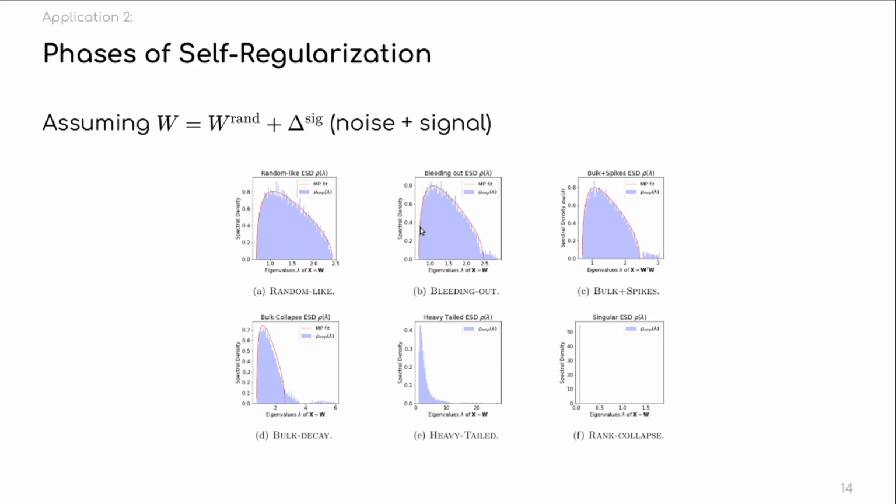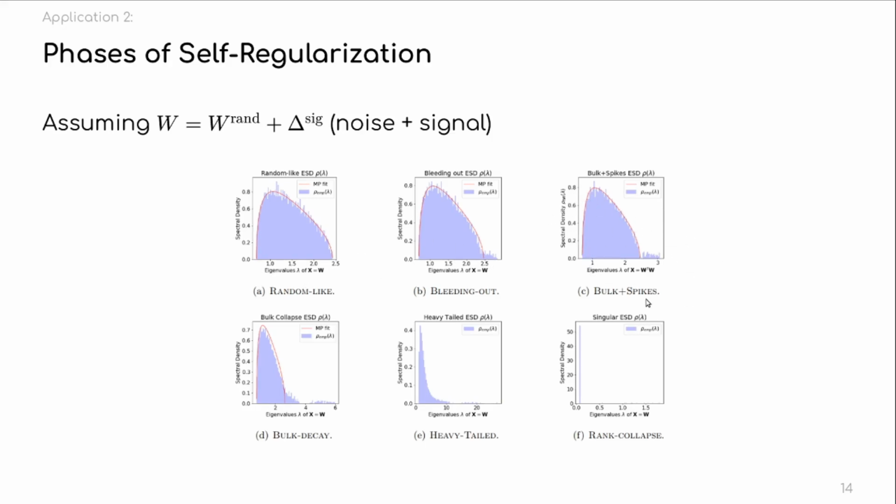It's still mostly well fitted by a Marchenko-Pastur distribution, but there's a bit of probability mass that escapes. They call that the bleeding out phase, because you have a little bit of probability mass that is not following a Marchenko-Pastur. And basically the rest is the continuation of that.